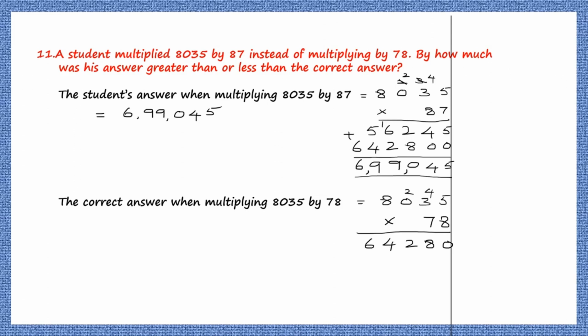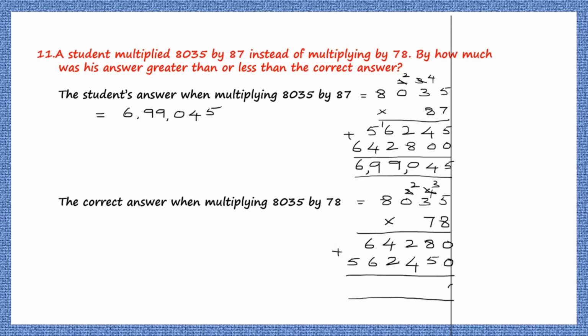Second step, you multiply by 7. You start with a 0. 7 fives are 35. Carry 3. 7 threes are 21. Plus 3 is 24. Carry 2. 7 zeros are 0. So you put the 2. 7 eights are 56.